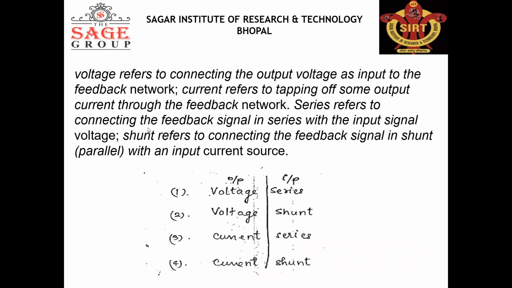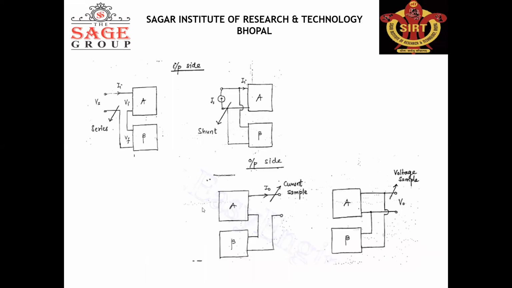Again, voltage refers to connecting the output voltage as the input of the feedback network. These things we have already studied. You can see that the first diagram is the voltage series. This is the input side, and this is the output side.